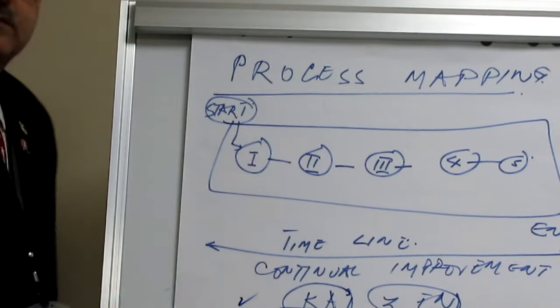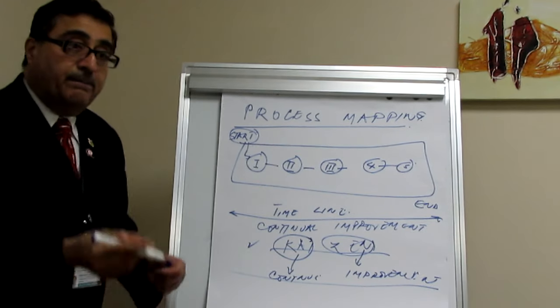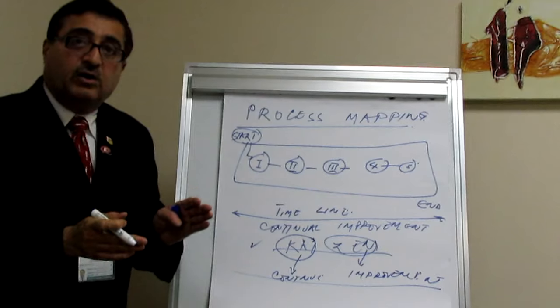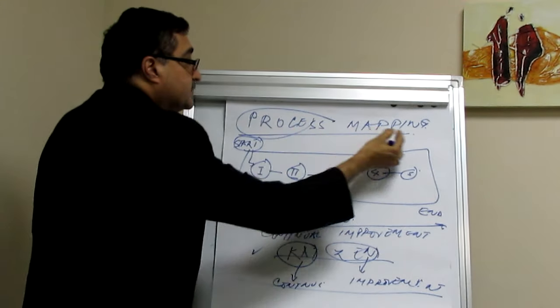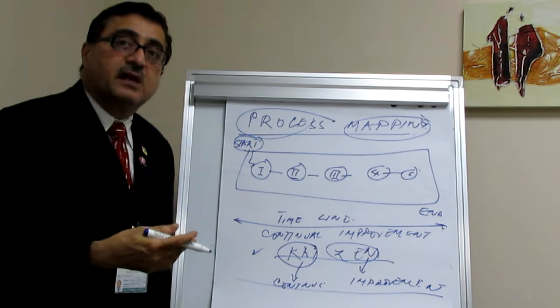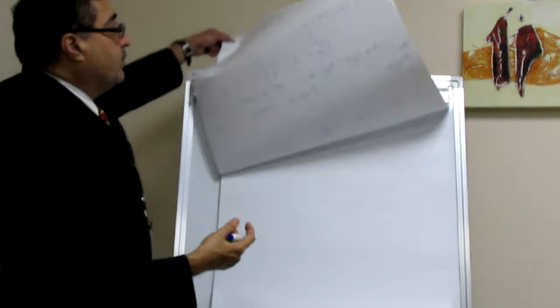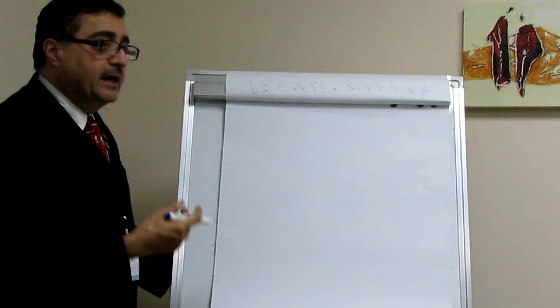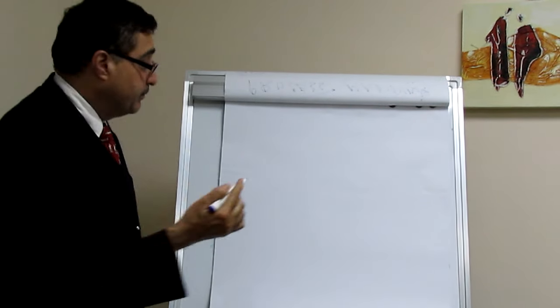But how to do continuous improvement? The best way to start on a journey of Kaizen is via process mapping. Now we are going to discuss a sample case of a process map, how the process mapping is to be done and how it helps in business decision making.